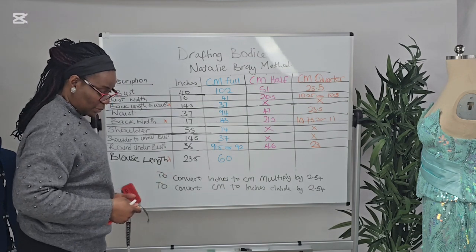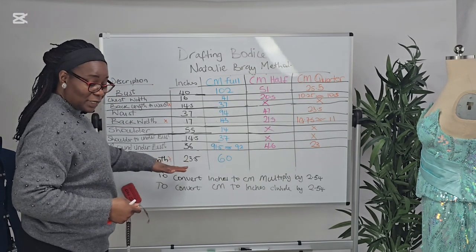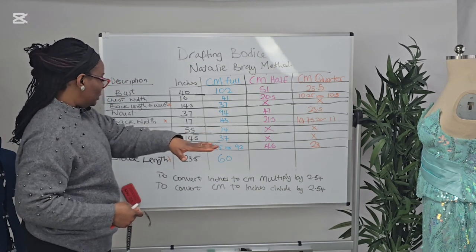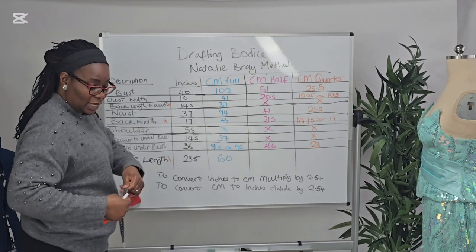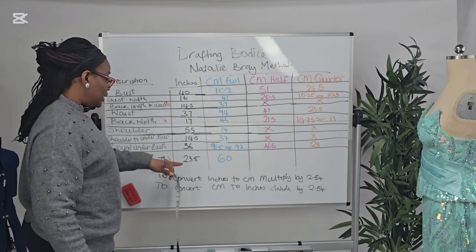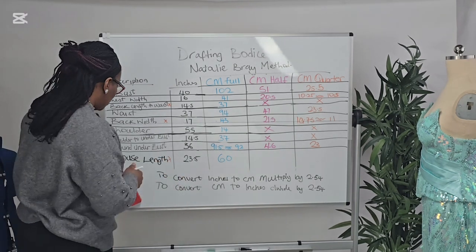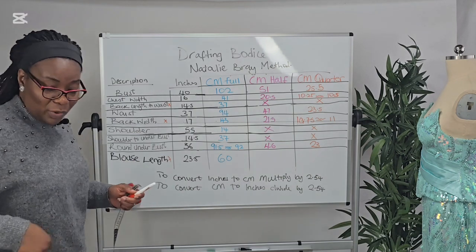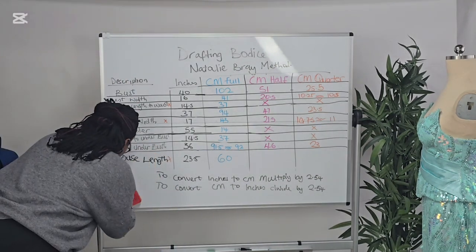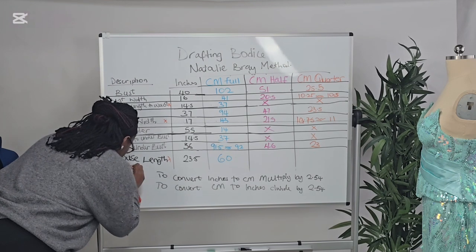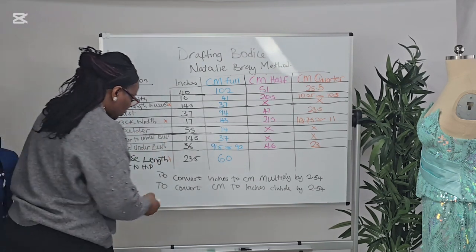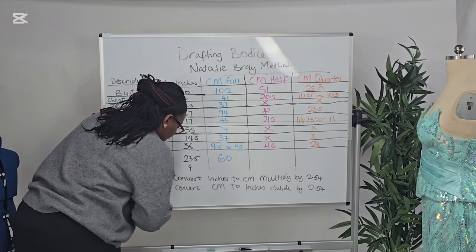If you're doing the length of the blouse, I want to take the pattern to the hip. So like I said, our hip measurement, when I was showing you measurement, the distance between the waist and the hip could be 8.5, could be 9. In this case, I'll be using 9 centimeters. So the waist to hip measurement is 9 inches.